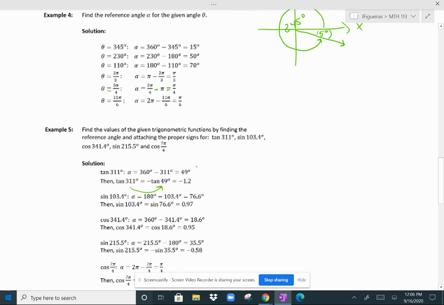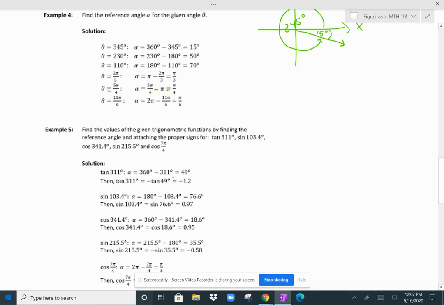So 49 degrees is in quadrant 1, tangent is positive in quadrant 1, but 311 degrees is in quadrant 4, tangent is negative in quadrant 4. So therefore, the tangent of 311 is equal to the negative, the opposite sign of the tangent of 49 degrees.